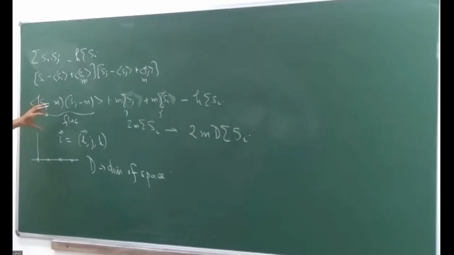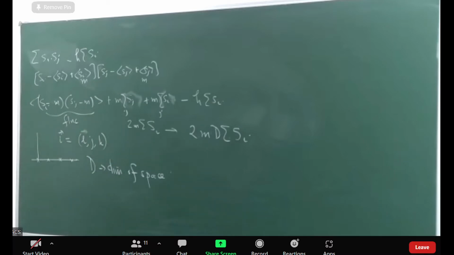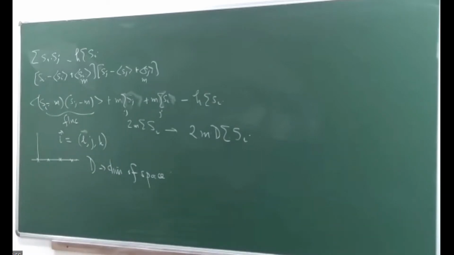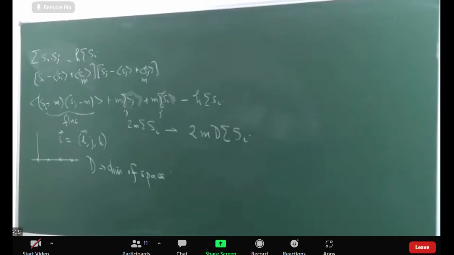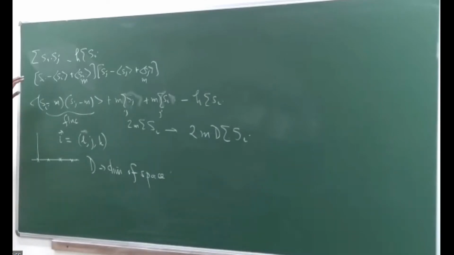If I have SiSj and want to replace one of them, mean field replaces one of them by the magnetization M, the average value.